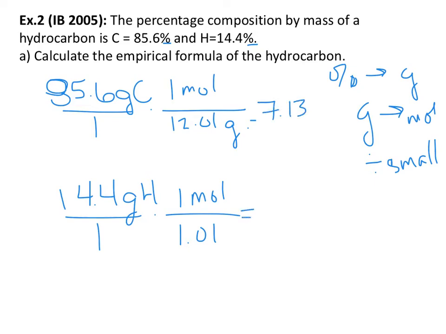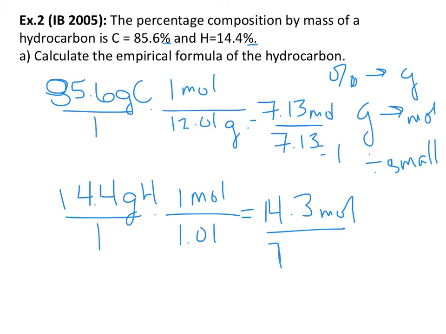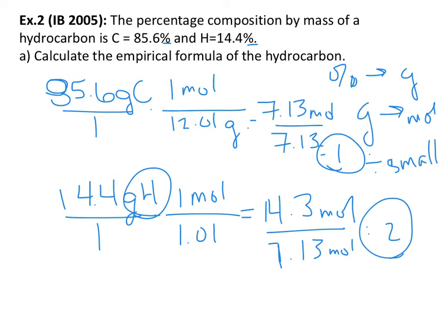And for hydrogen, that is 14.3. So that's how many moles I have. So then we're going to divide by the smallest, which of the two is 7.13. So this is, of course, 1. And then 14 divided by 7 is 2. So that tells me I have 2 hydrogens for every 1 carbon. So the empirical formula is CH2.